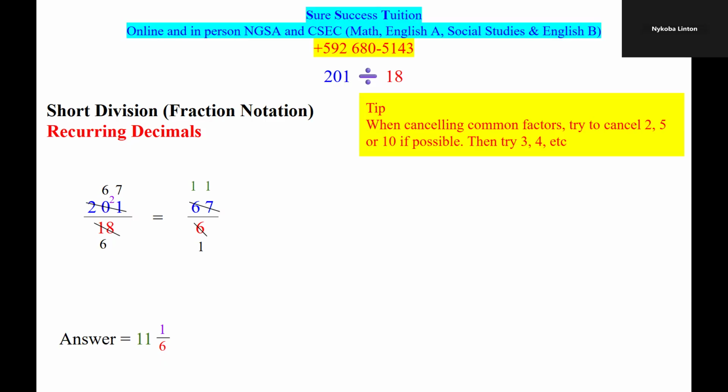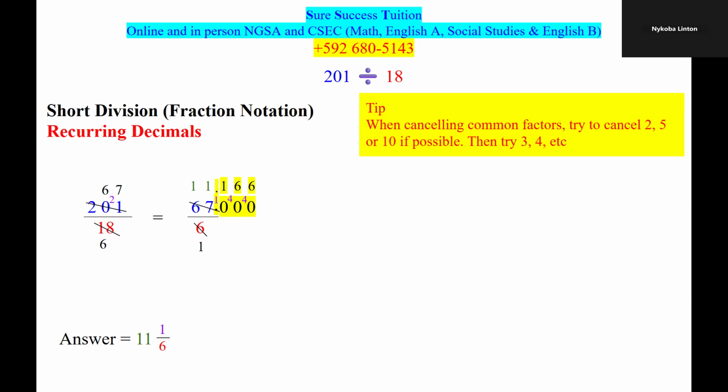But let's put it as a decimal. Put our decimal point. Add a few zeros. Carry the remainder this time. Now 6 into 10 would be how much? 1. Remainder, how much? 4. 6 into 40 would be how much? 6. Remainder, how much? 4. Again, 6 into 40.